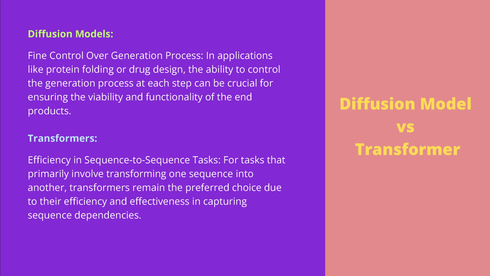You have to be absolutely sure that in applications like protein folding or drug design, the ability to control the generation process of new ideas at each step on the way is crucial for ensuring the viability and the functionality of the end product. You have the optimization step going forward step by step, and the system has to adapt continuously.